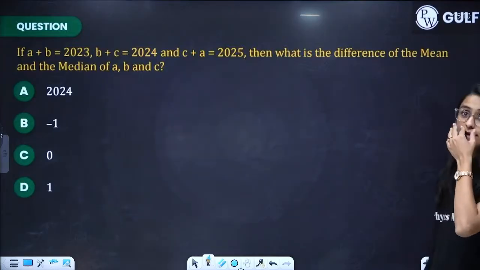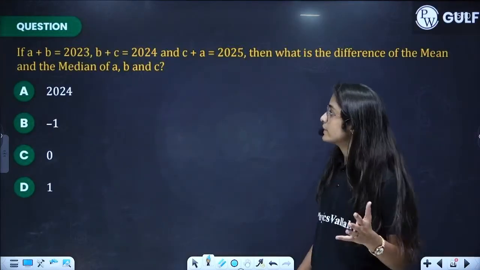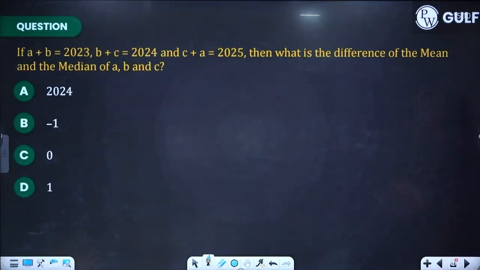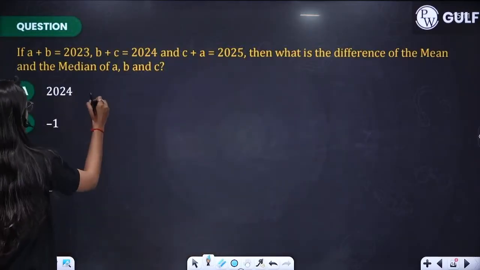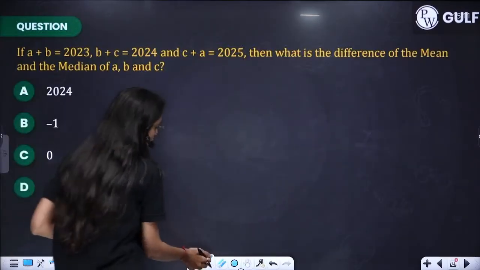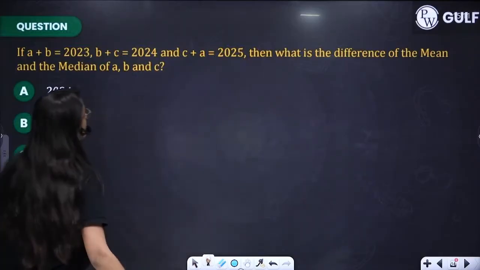So the next question says that here the addition of A and B is 2023, B and C is 2024, A and C is 2025, and you have to find the difference of mean and median of A, B and C. So here the easiest method which I could think of is adding all the 3 equations.